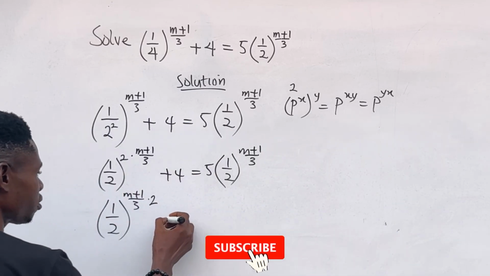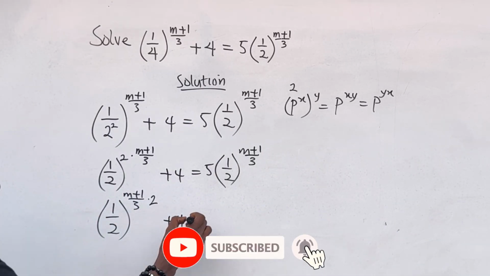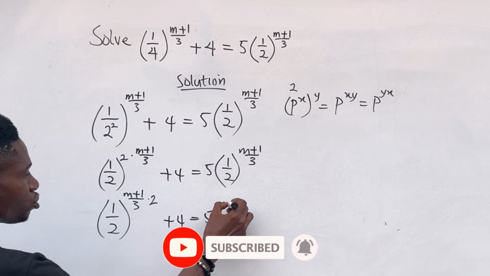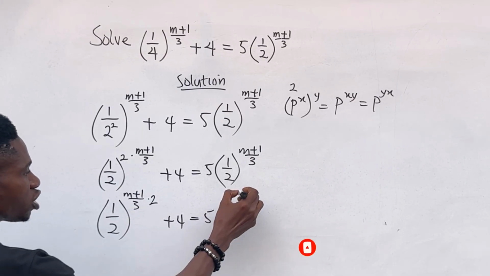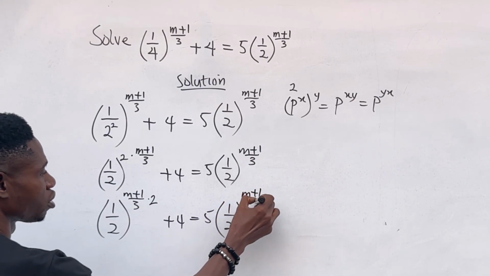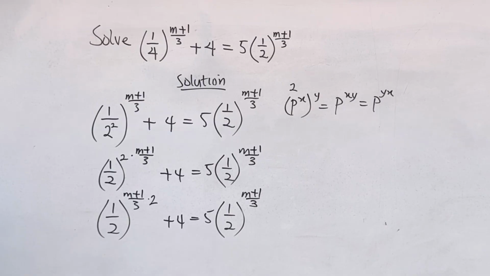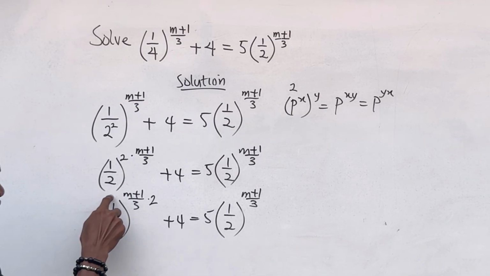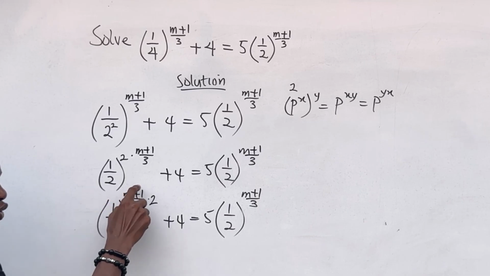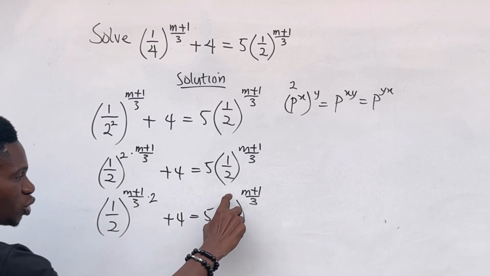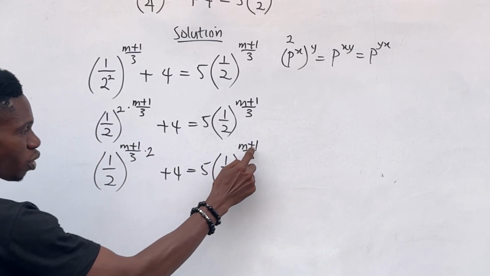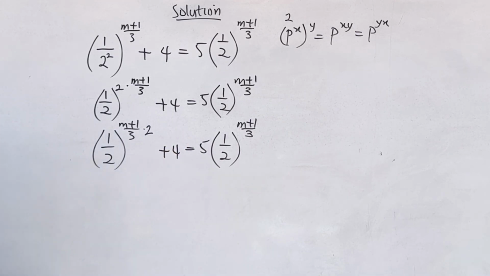Okay, so plus 4 equal to 5 into 1 over 2 raised to power m plus 1 over 3. Now watch this. 1 over 2 raised to power m plus 1 over 3 is the same thing we have here.